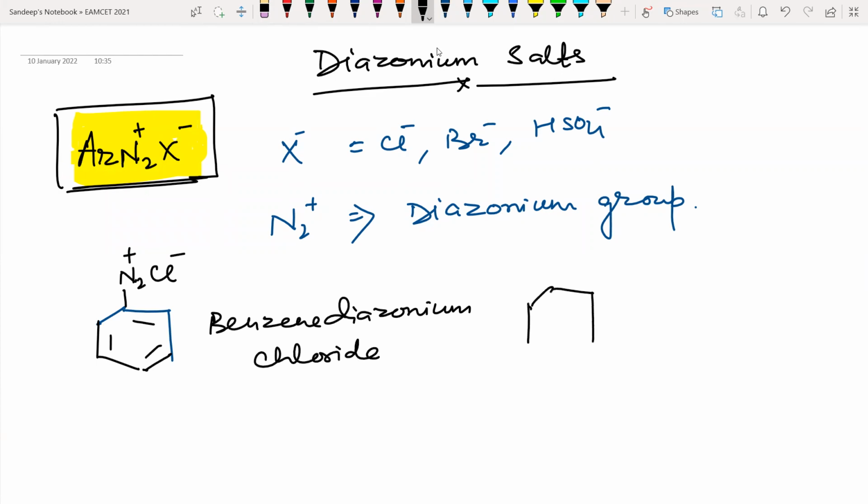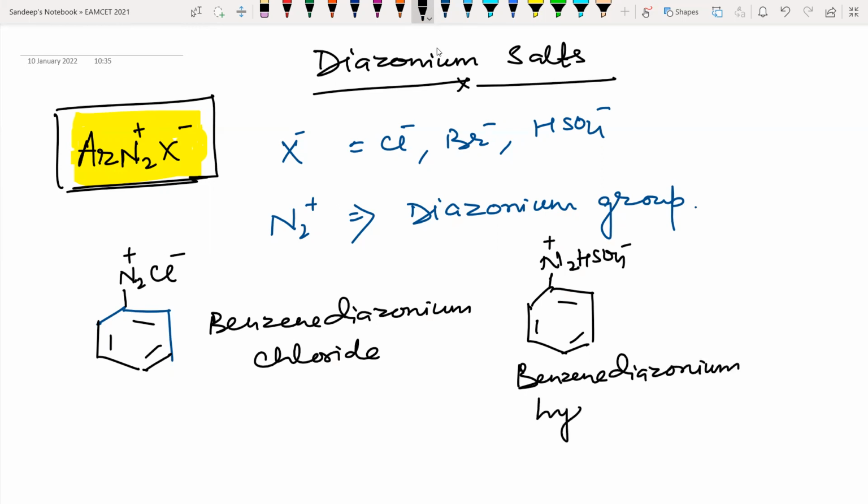If you write benzene with a diazonium group and HSO4 minus, then it is called benzene diazonium hydrogen sulfate.